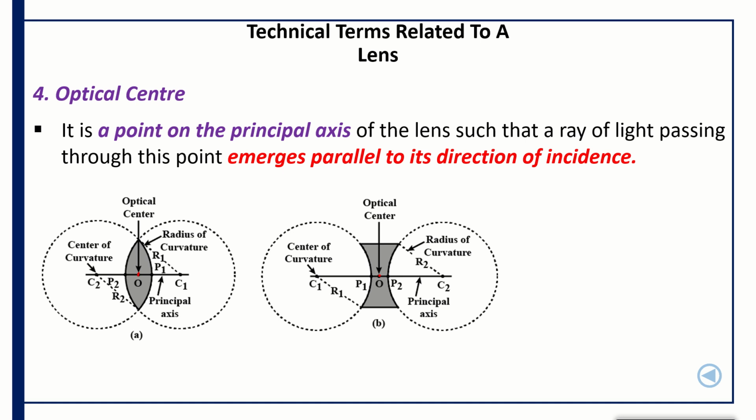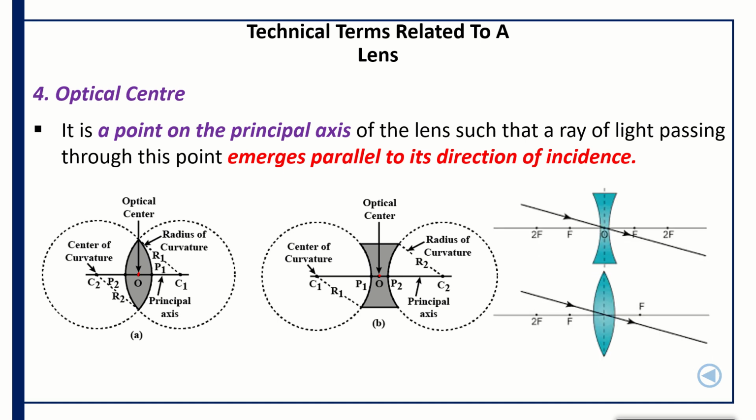So this point falls on the principal axis and is at the center of the spherical lens, convex or concave. When light passes through this optical center, it passes undeviated, or emerges parallel to the direction of incidence, in both concave and convex lenses.